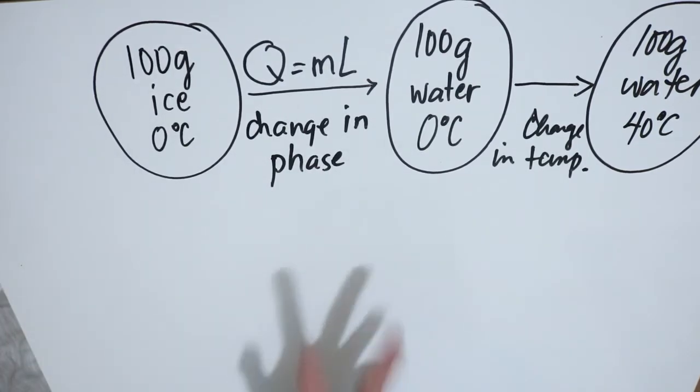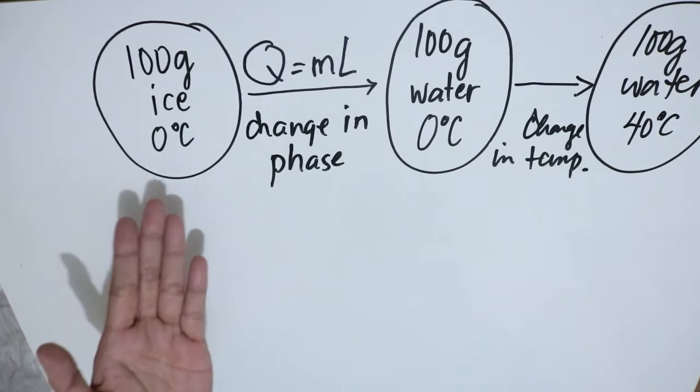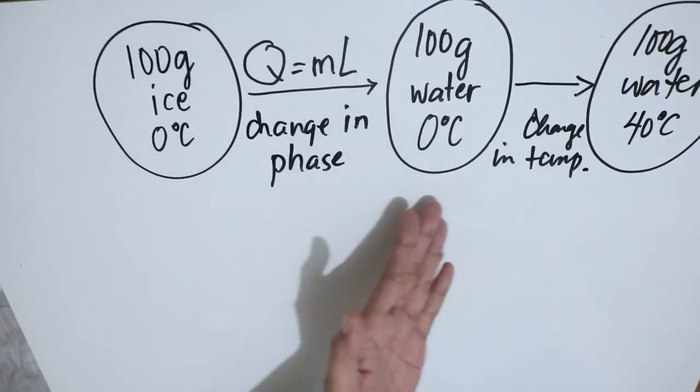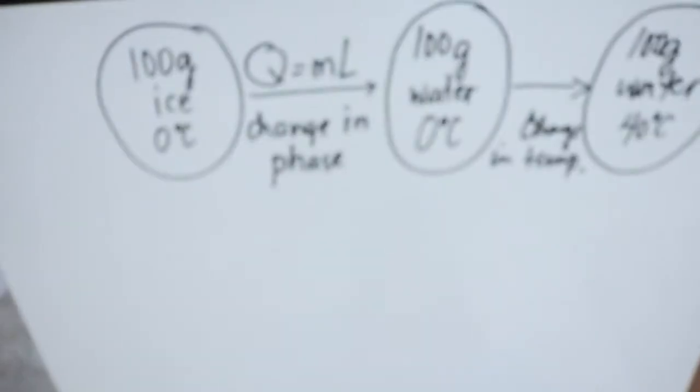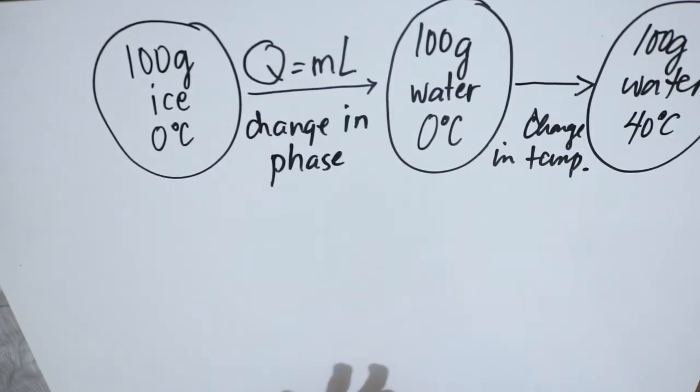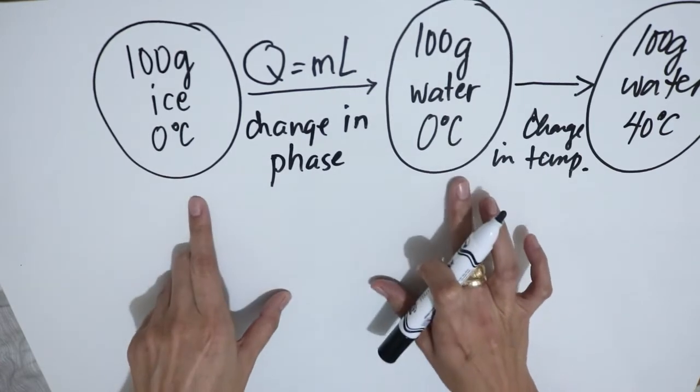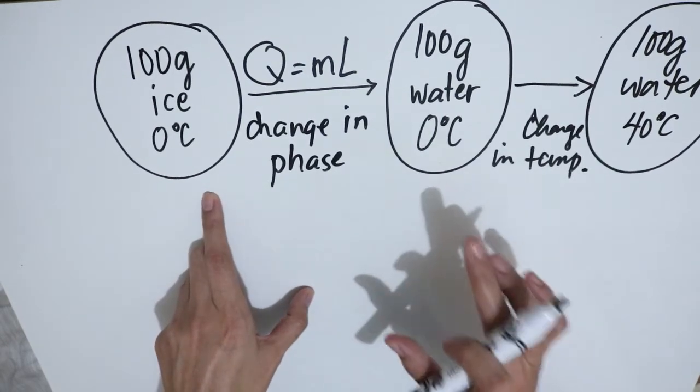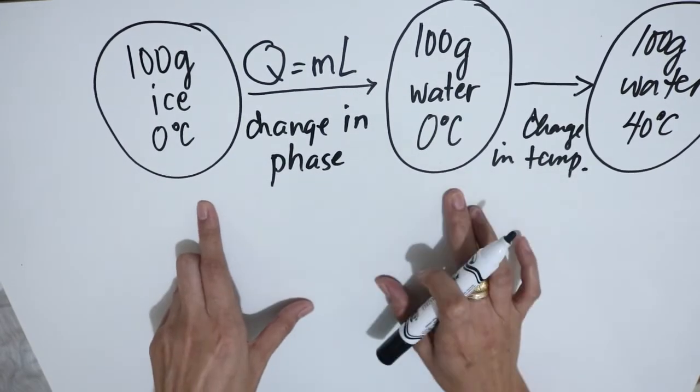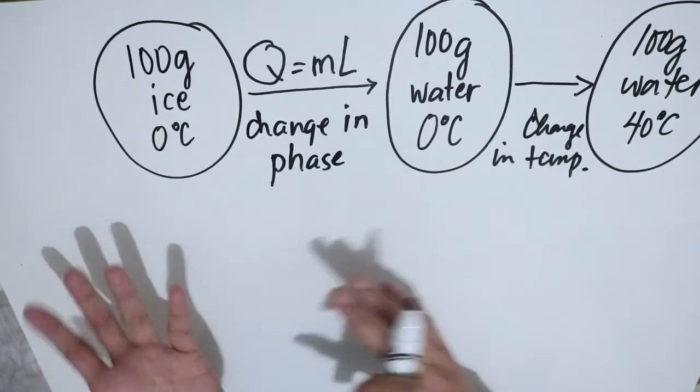For example, water: we have ice that changes to water, and the latent heat of fusion for water is 80 calories per gram. Meaning, for every 1 gram of water, the energy used will be 80 calories. So from ice to water, it changes phase from solid to liquid.